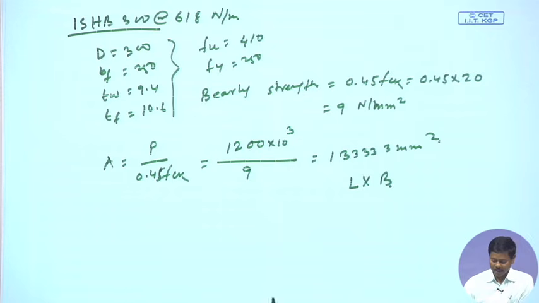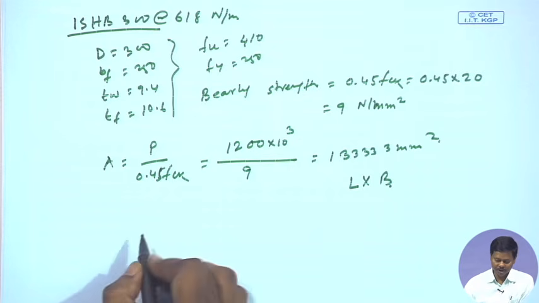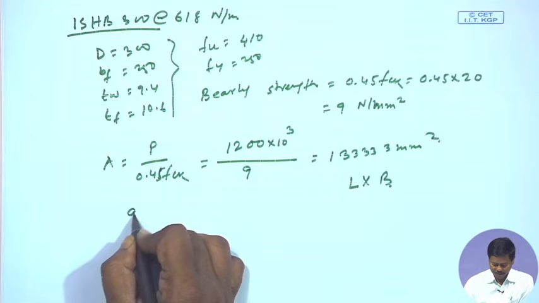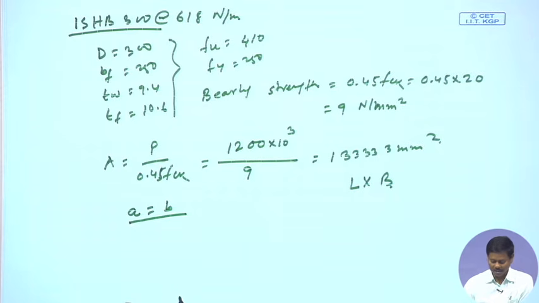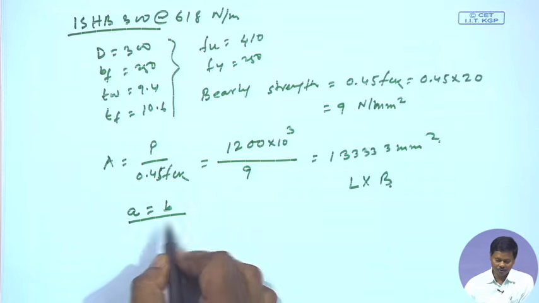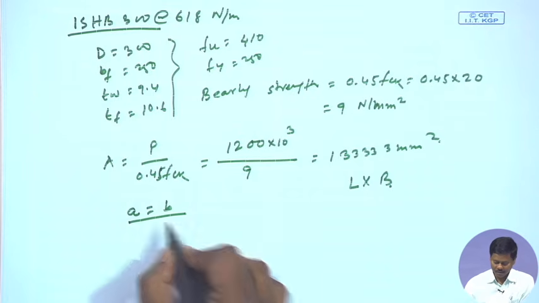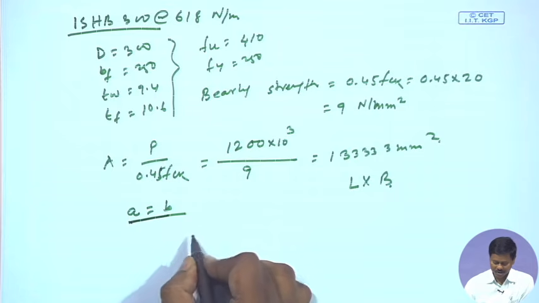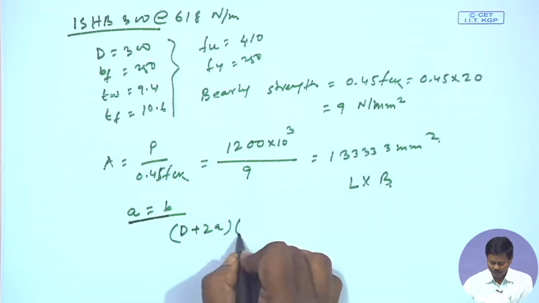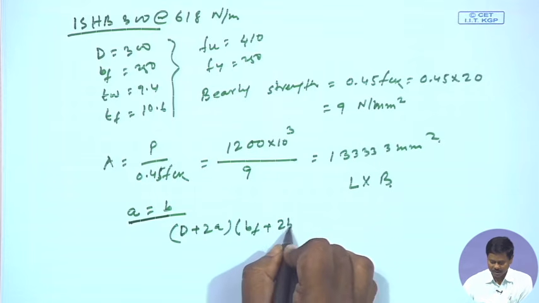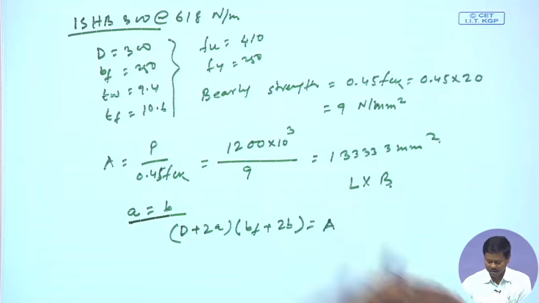And now, as I told, if we assume the projection lengths A and B equal, then we can obtain an optimized thickness, the minimum thickness we can achieve. So, to do that, we can find out the A and B from this, that is, (D plus 2A) into (BF plus 2B) is equal to the total area.